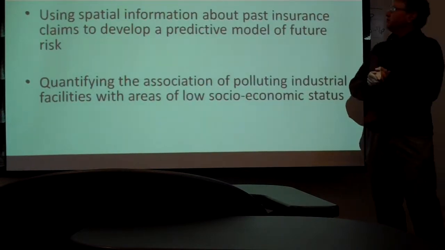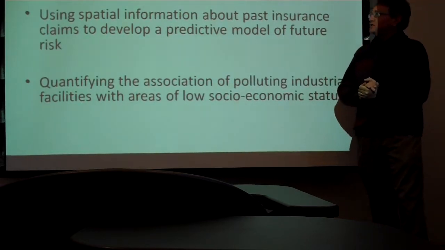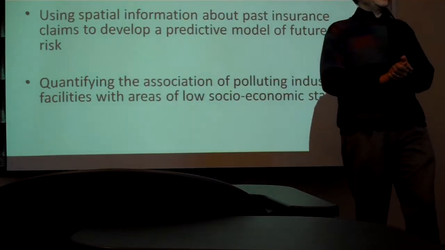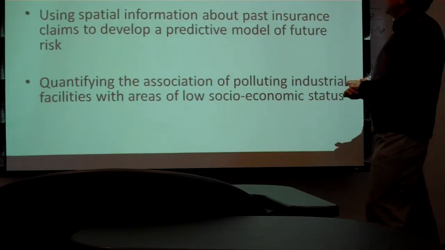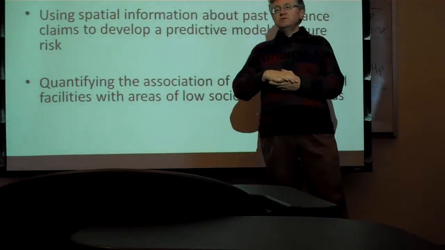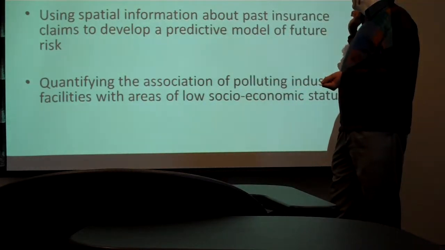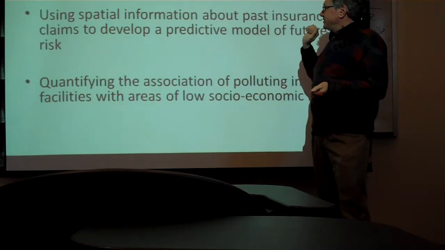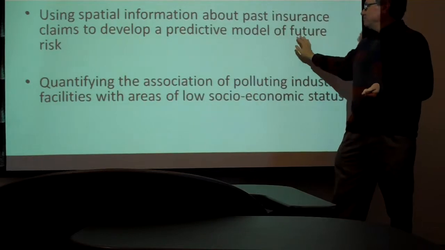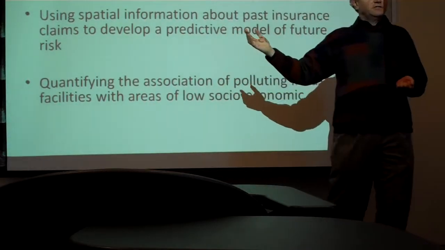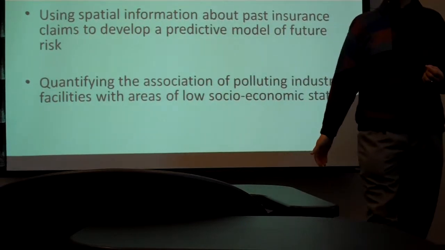So what kind of problems are we working with? We could be trying to predict how a species range is going to shift under climate change. So we need to develop a model that relates occurrences to environmental variables, including climate variables. We might want to develop a predictive model of risk to property using spatial information about past insurance claims.